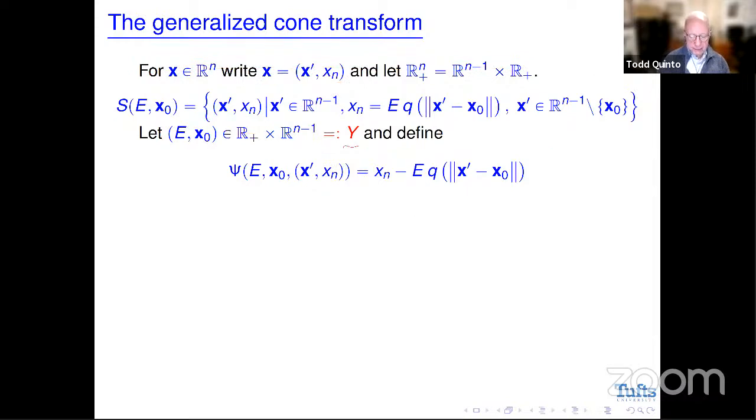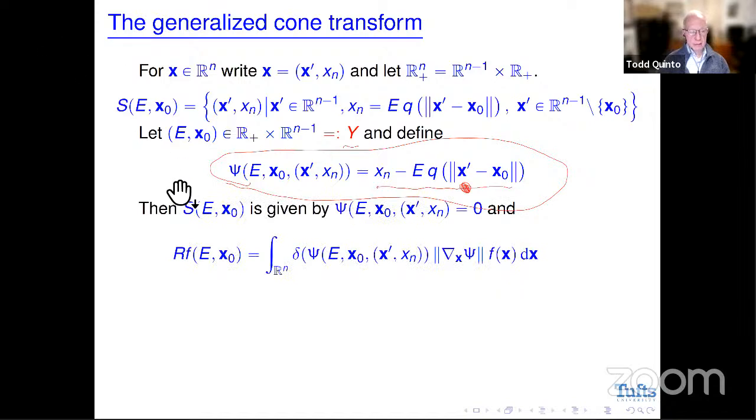And we define this function here. In other words, psi is 0 on the cone: when x_n is equal to this thing on the right, then psi is 0. So psi defines the curve, or the surface, I'm sorry, the surface S.